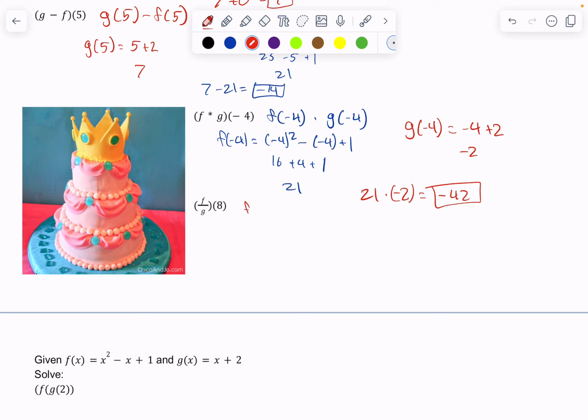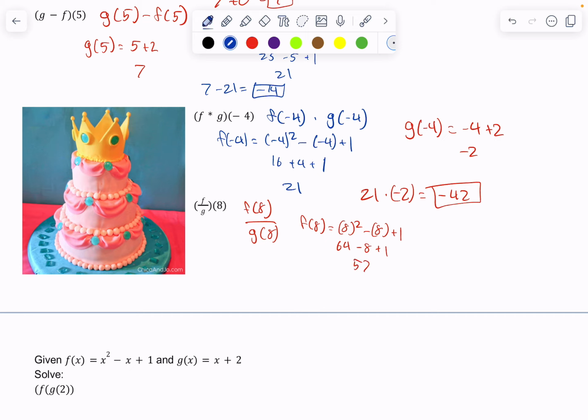f over g is the same as f of 8 divided by g of 8. So let's plug in what we got. First one, f of 8 equals 8 squared minus 8 plus 1, that is 64 minus 8 plus 1, 56 plus 1, so 57.